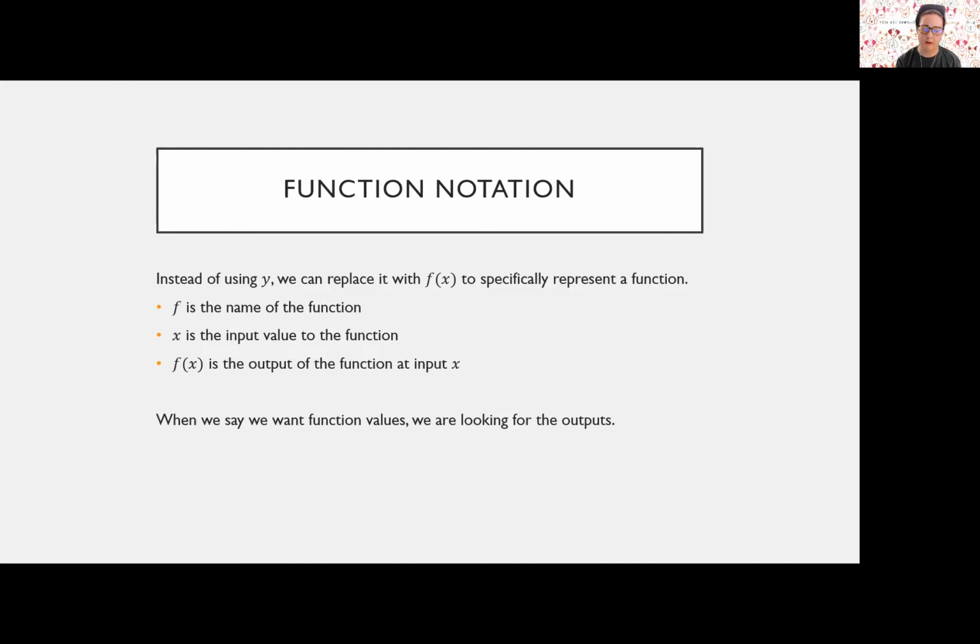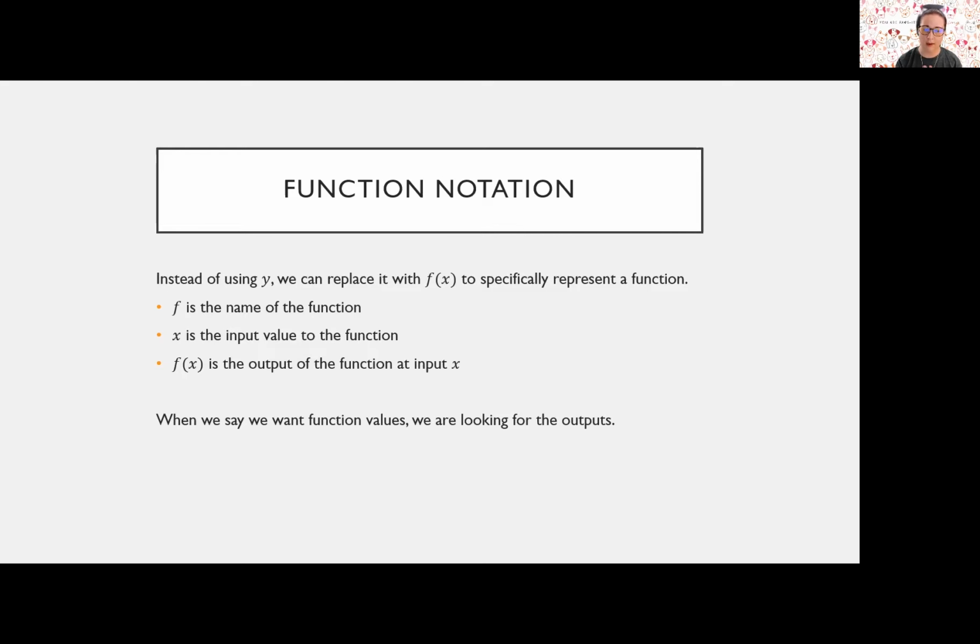So f is the name of the function, and the default is f just to stand for function. x is your input value, and then we call the whole thing, f of x, the output, the value when you're plugging in that particular input x. So when you're told to look for function values, you're looking for output values. So function notation is very useful. For one, if you have an equation in function notation, you automatically know it's a function. So fantastic.